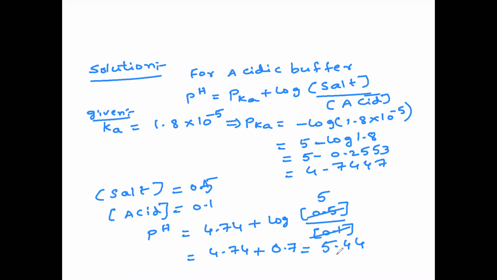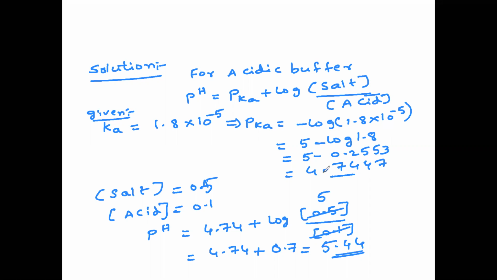It is wrong. Let us check again. pK is 5 minus log 1.8. Log 1.8 value is 0.2553. So this is 100% pK equal to 4.74.